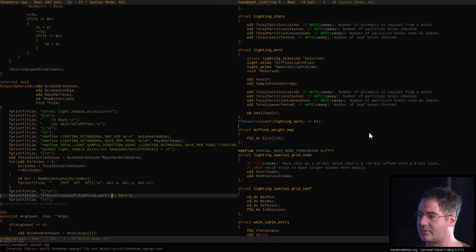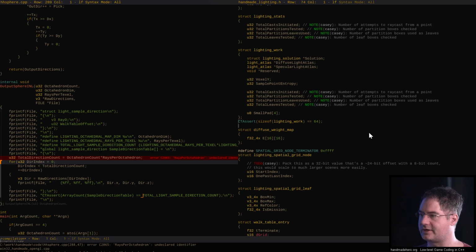It's like, hey, by the way, this totally didn't work, right? So we probably want to assert that the array count of the sample direction table is equal to the amount that we said we were going to do, and that way, rather than force it, we make it do the thing.